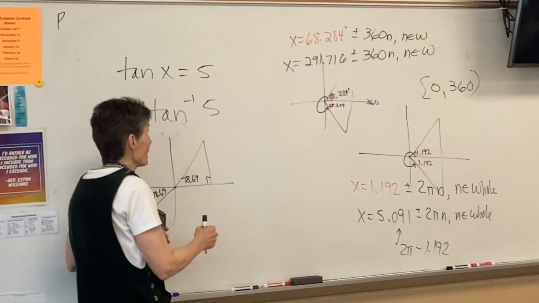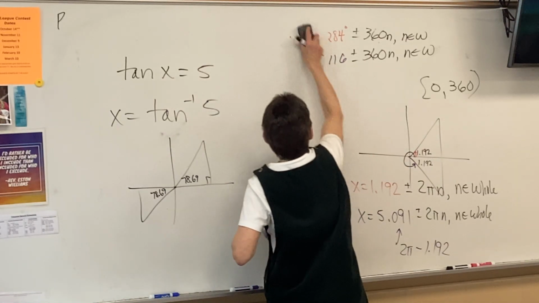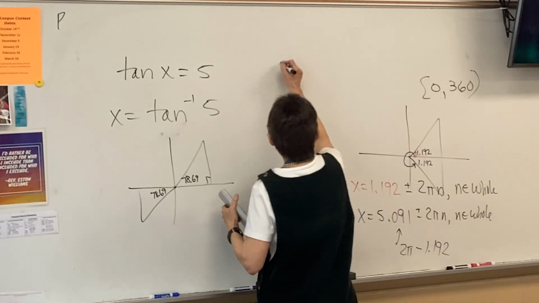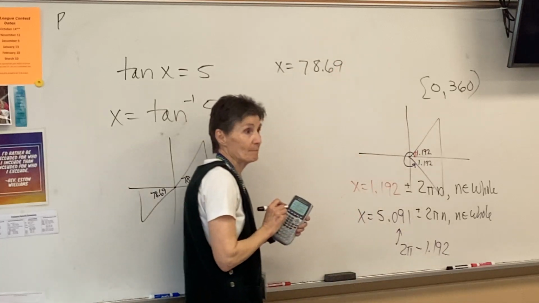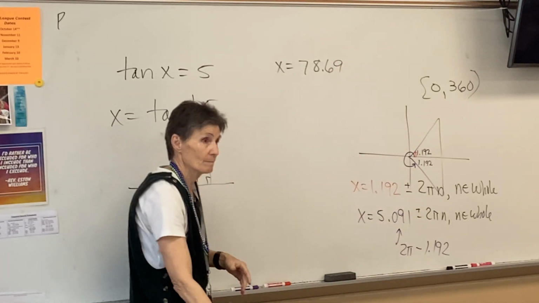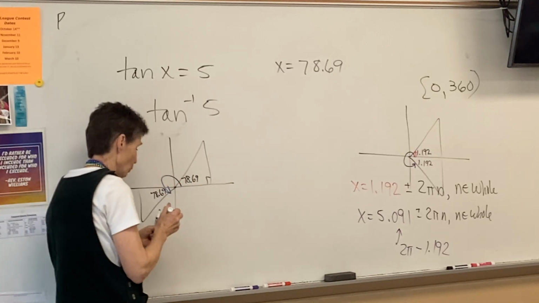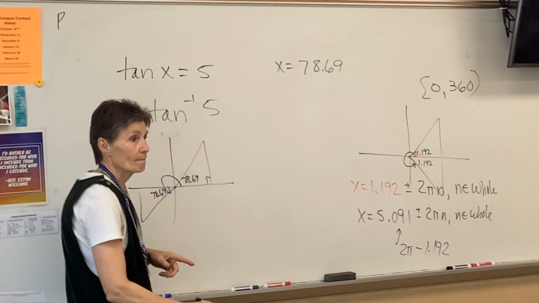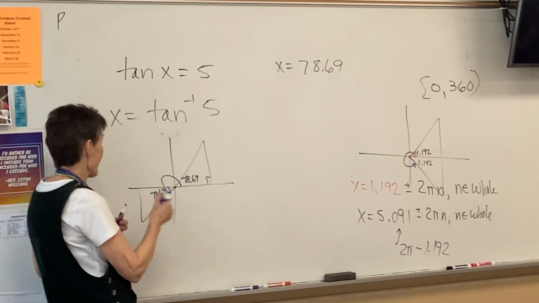And now I need to write my answers. So one of my answers is 78.69. Would you agree with that? How am I going to find the blue one? Add 180, right?